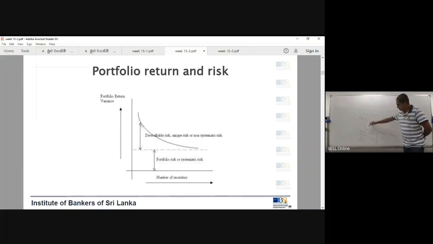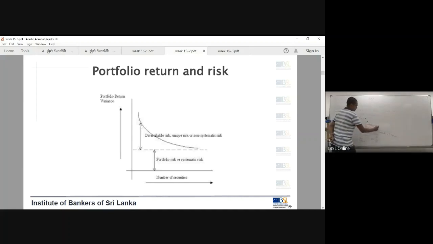The level up to which it reduces is called the unsystematic risk. What you cannot reduce is called systematic risk.